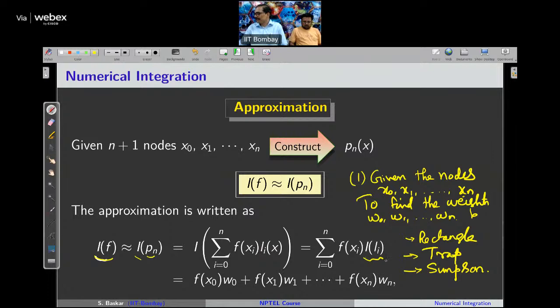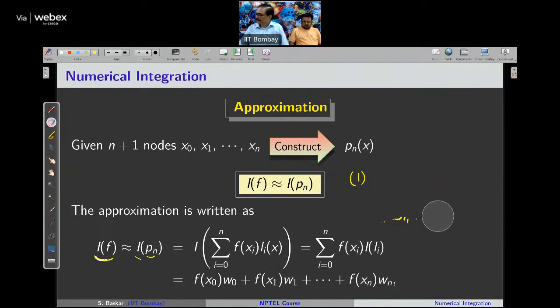Another approach is where you are not given the nodes and also not given the weights, and you have to find both the nodes as well as the weights.